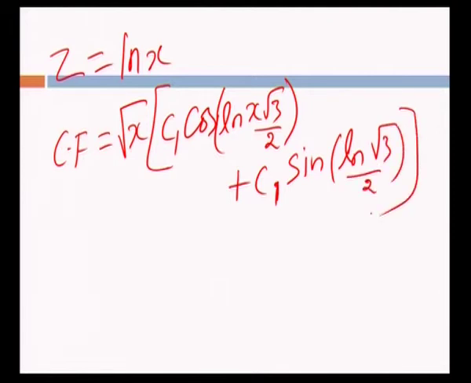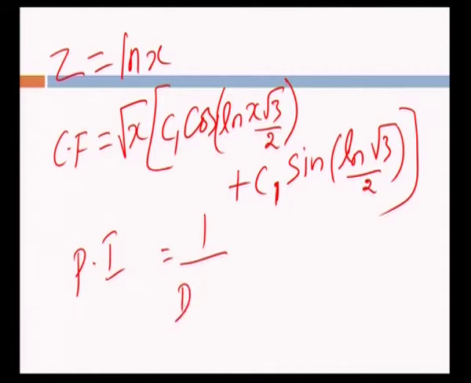So this is the complementary function. Now let us go to the particular integral. The particular integral of the given differential equation is equal to 1 by d1 square minus d1 plus 1 into the function of x, which is the right hand side of the equation, 3 e power 2z.